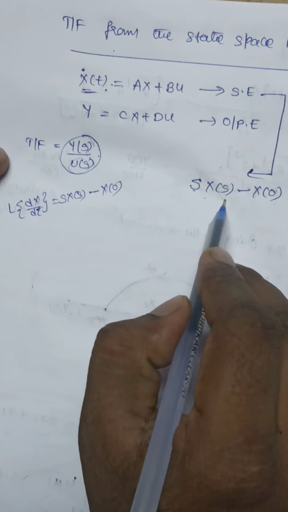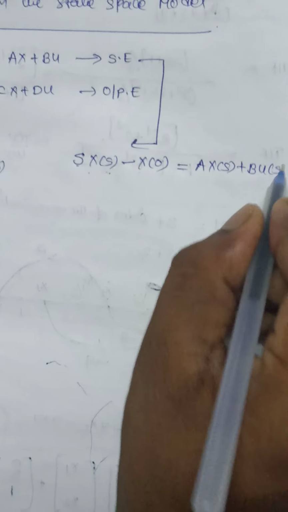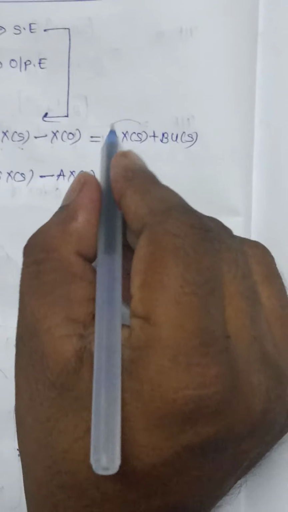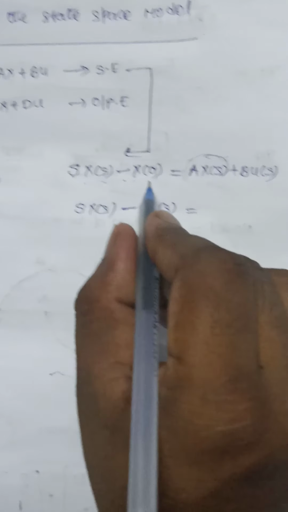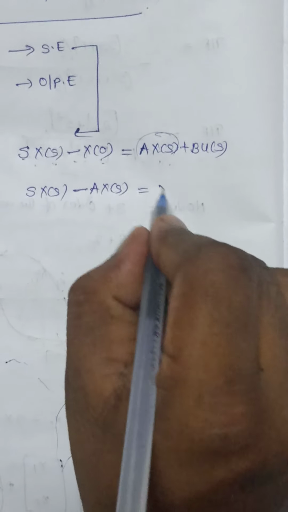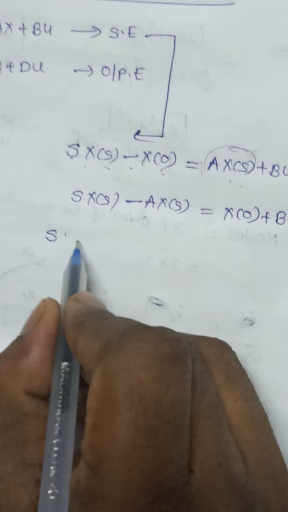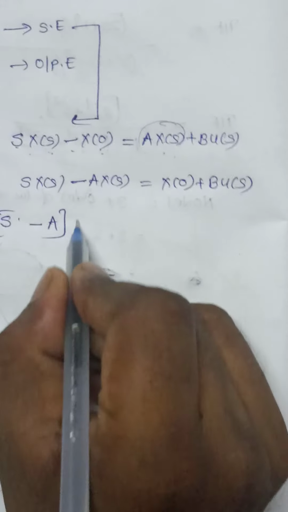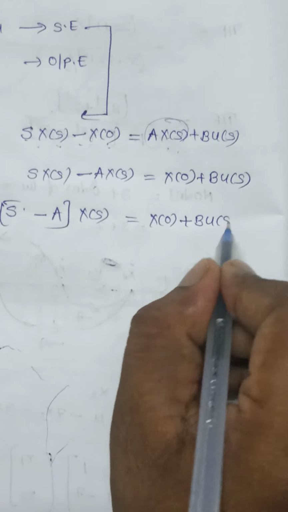I wrote this one here is equal to A into X of s plus B into U of s, and then you write down here s into X of s minus A into X of s. You write down this term to the left side of this equation and bring this term from left side to the right side. It will become X of 0 plus B into U of s, and here (sI minus A) into X of s is equal to X of 0 plus B into U of s.